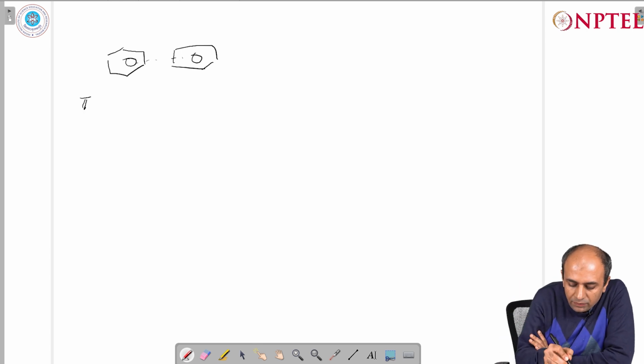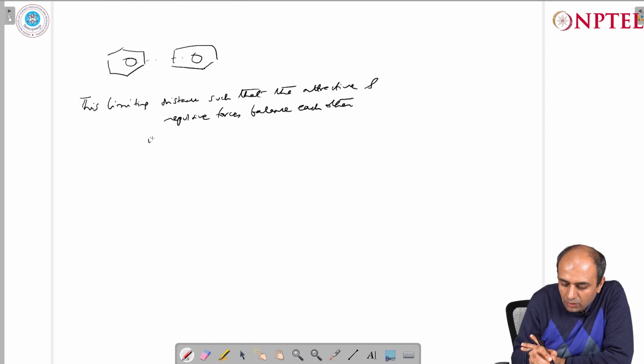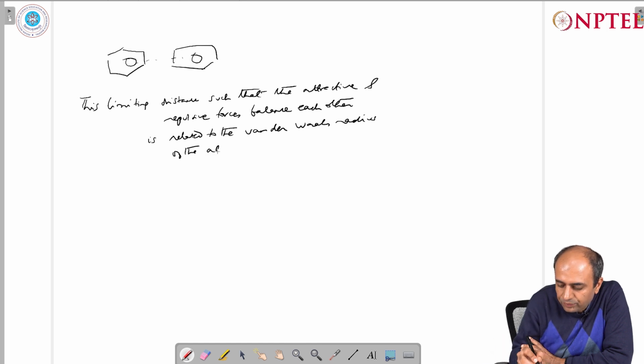This limiting distance, such that the attractive and repulsive forces balance each other, is related to the van der Waals radius of the atom.